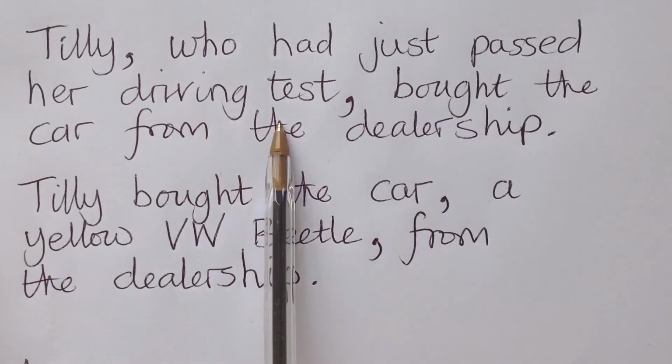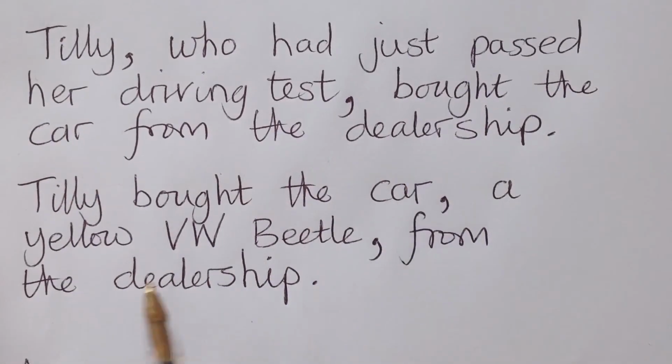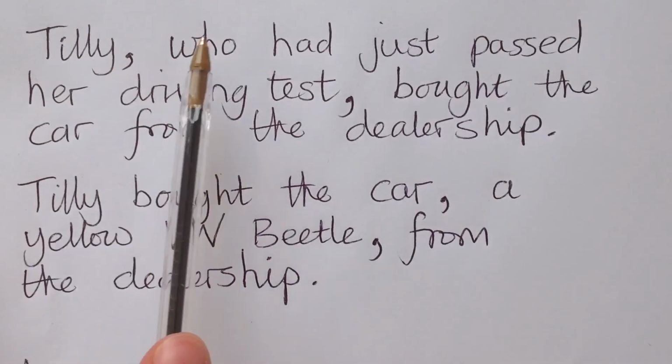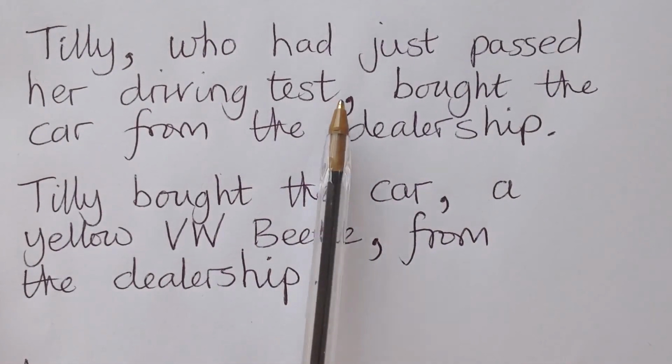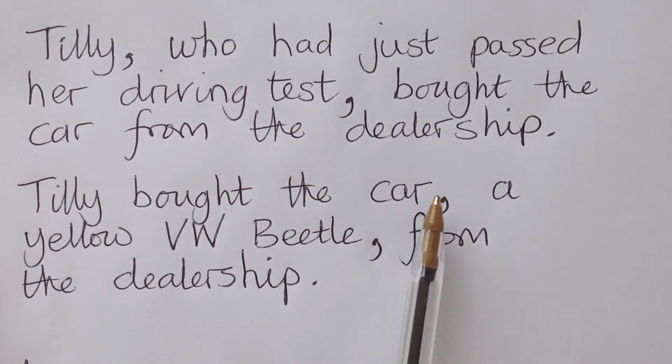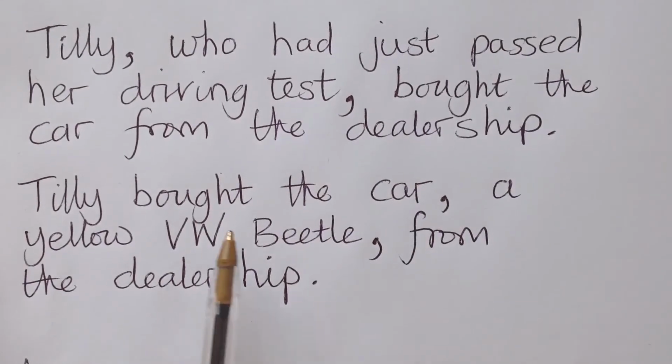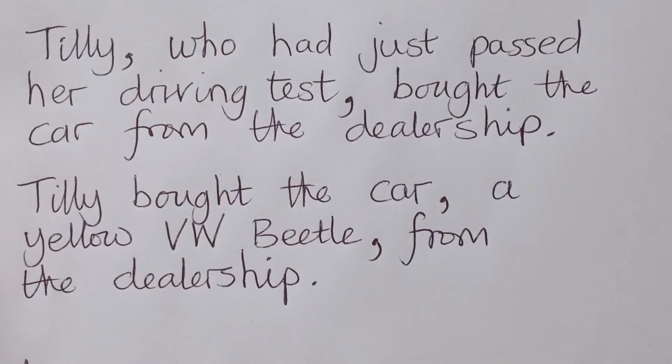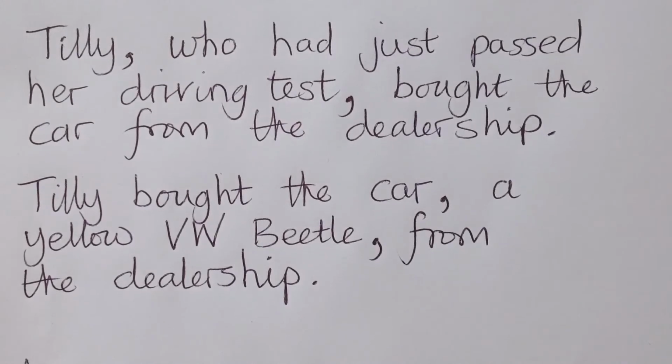Tilly bought the car from the dealership. The difference is after the noun Tilly, I told you something about her. And this time after the noun car, I told you something about the car. So I ended up with Tilly, who had just passed her driving test, bought the car from the dealership. Or Tilly bought the car, a yellow Volkswagen Beetle, from the dealership.